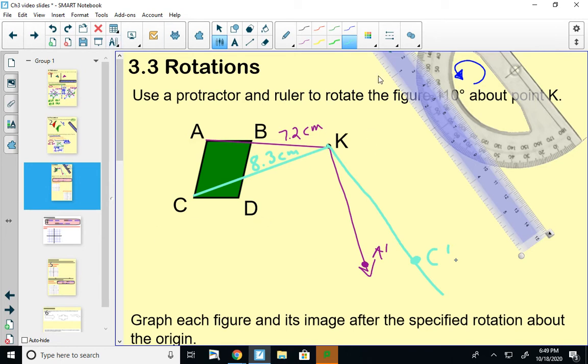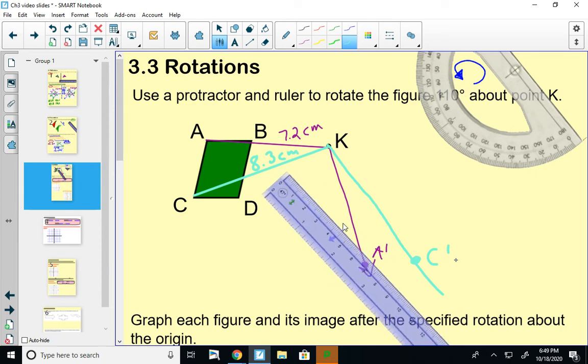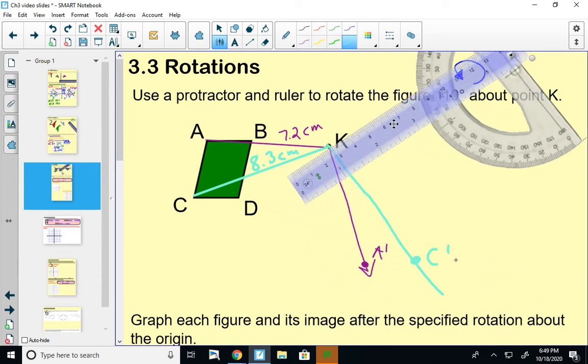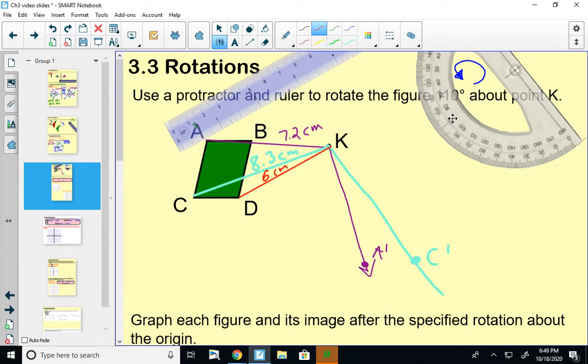And then I'll do one more. But I think by now you probably get what's going on. So let's do point D next. Use your ruler to draw a line from the point to our center of rotation. While we've got our ruler there, we might as well measure it. It looks like that is 6 centimeters. Then we're going to use our protractor to draw a 110-degree angle using that line.